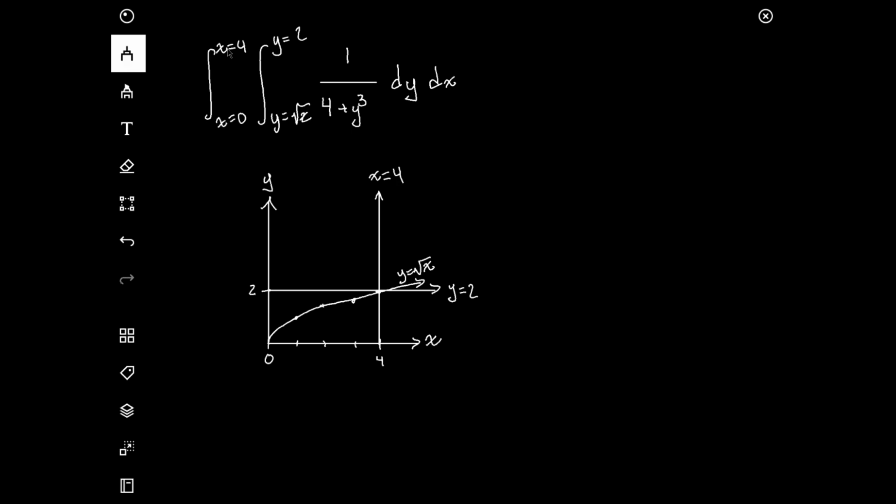So between all of these, we have an area. We have an area that's greater than 0 and less than 4 for x, and an area that's greater than y equals the square root of x and less than y equals 2 for y. Let's go ahead and color that in.